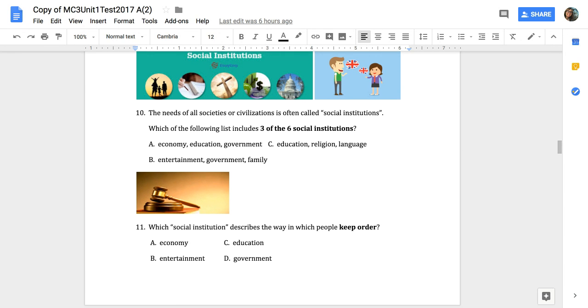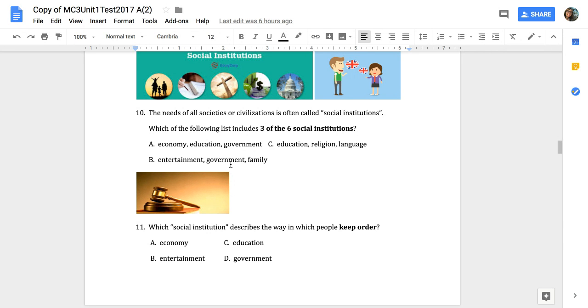Number 10, the needs of all societies or civilizations is often called social institutions. Which of the following lists includes 3 of the 6 social institutions? These images here, 1, 2, 3, 4, 5, and 6, are representing all 6 of the social institutions. A, economy, education, government.